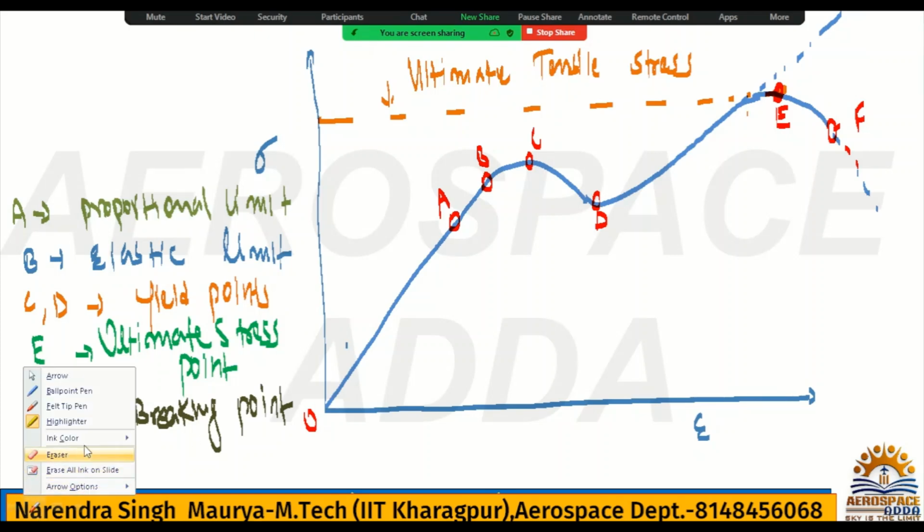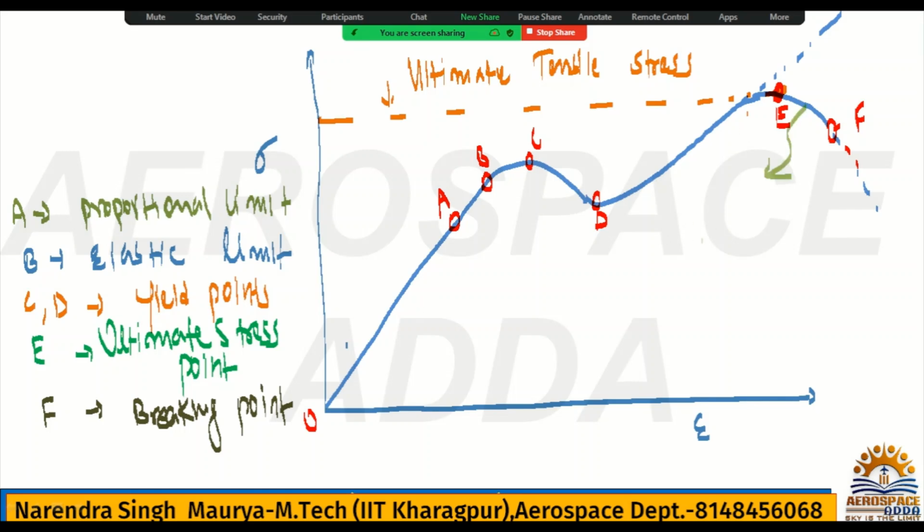Basically, two very important points. Whatever strain you get here, this curve is related to the engineering strain, and this curve is called the engineering stress strain curve. And this is called the true stress strain curve.